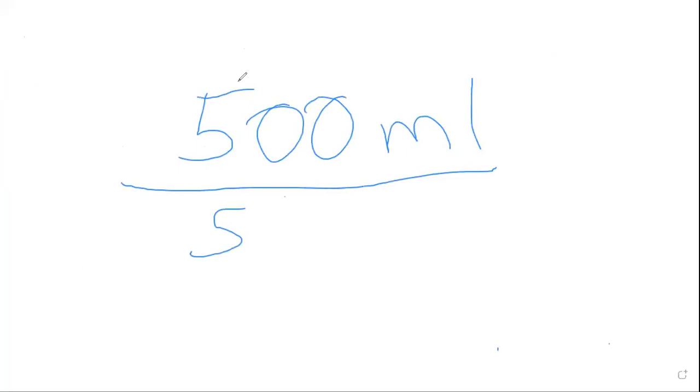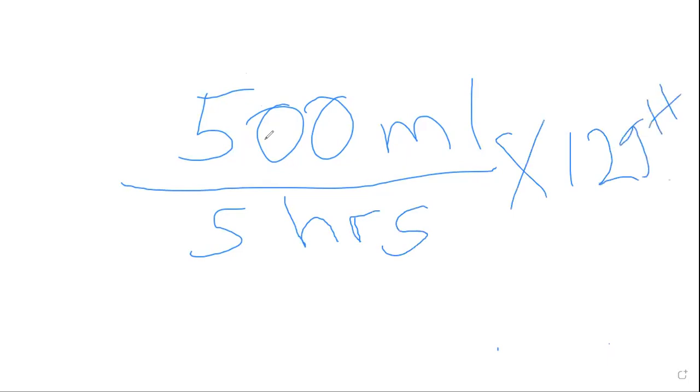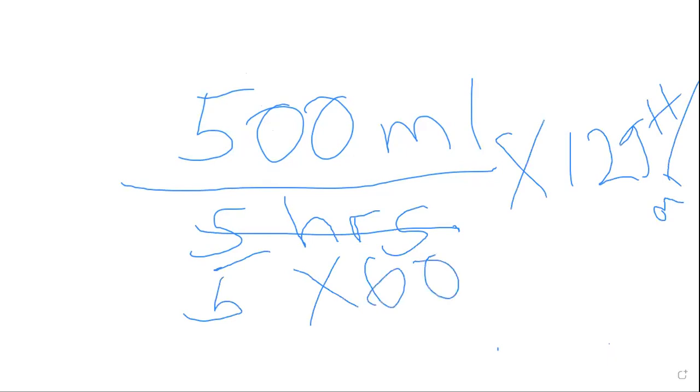Right now our time is 5 hours, and then it's times our drop factor, which is 12 drops per minute, per ml. Now you're going to convert your 5 hours into minutes. Since there are 60 minutes in an hour, it's 5 times 60. That should give us 300 minutes.